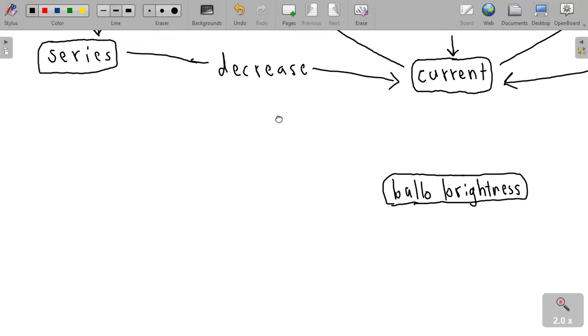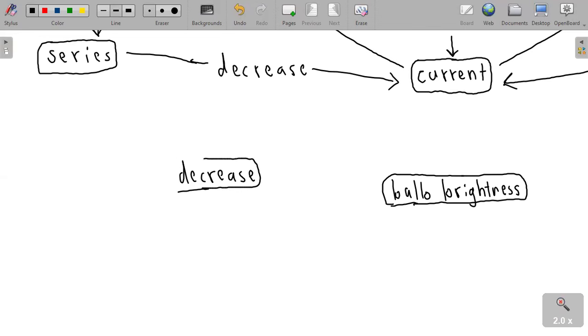For the series circuit, with regard to the brightness, there will be a decrease in it, because the current decreases. So there will be a decrease in the brightness of the bulb, which is a form of an output device here.